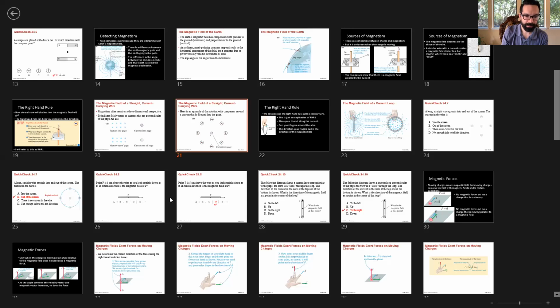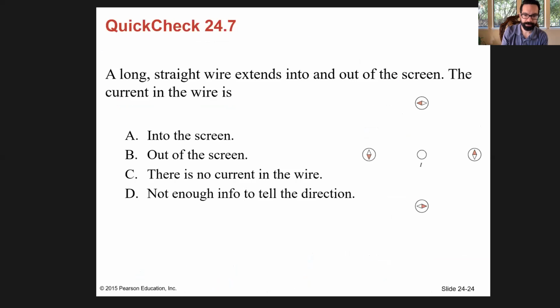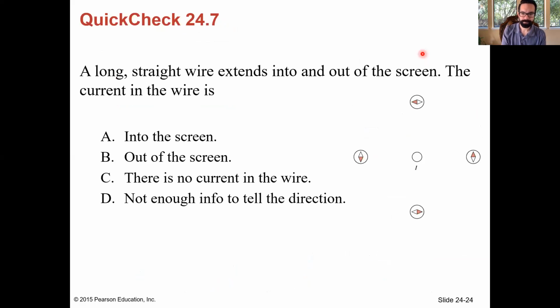Okay, you can even work backwards here. Let's do this one. You can see a magnetic field going, in this case, counterclockwise. So if you're going to use your right-hand rule and go counterclockwise, with your right hand, curl your fingers counterclockwise. In order to do that, your thumb has to be pointing out of the screen.